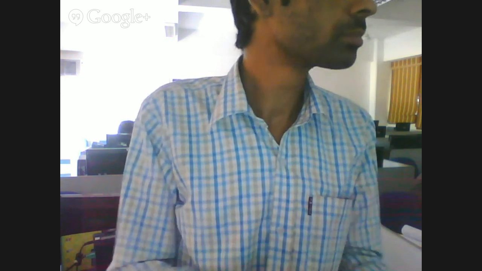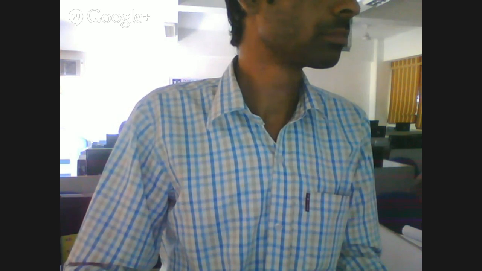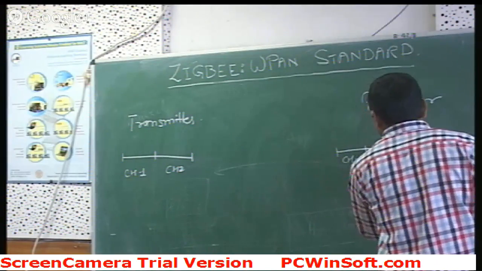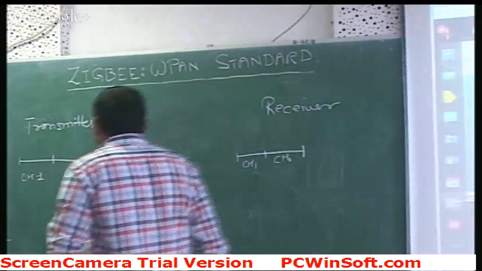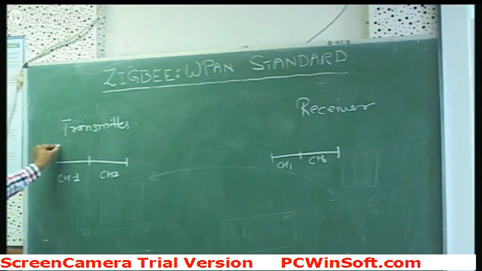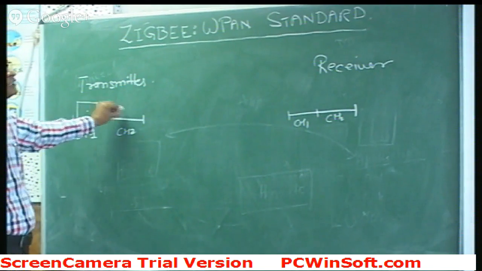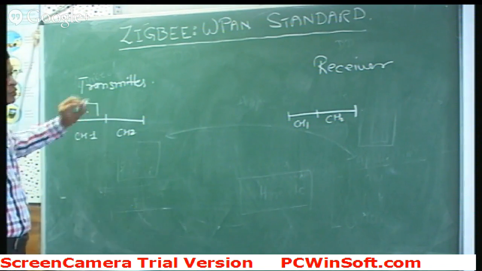Take an example of just two channels. I have some information which I can send through any of these two channels, either channel 1 or channel 2.